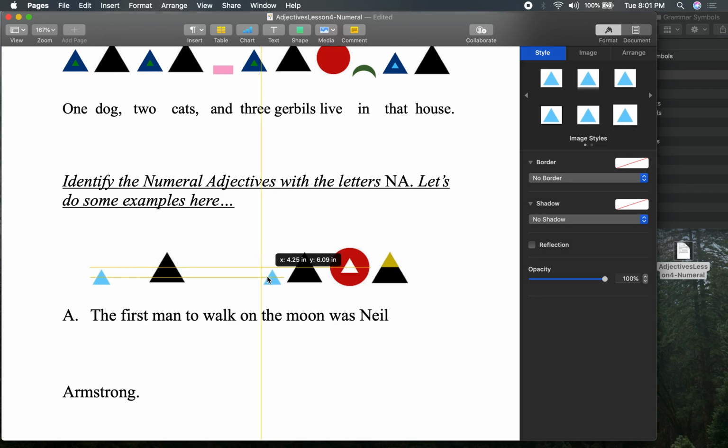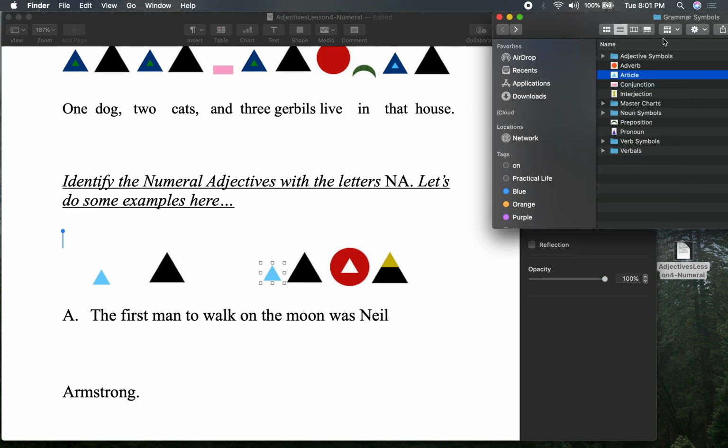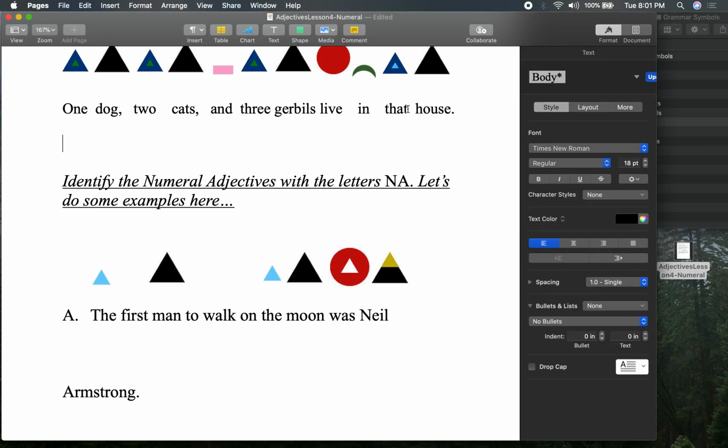Paste that. Okay. So the and the nouns. Now we have first, to walk, and on. Well, on is a word of relationship. I already have that one here. Call that a preposition.